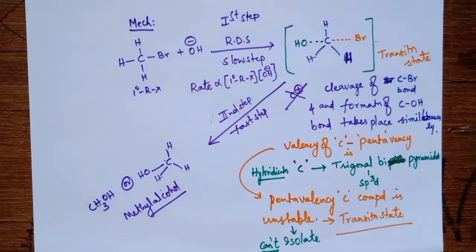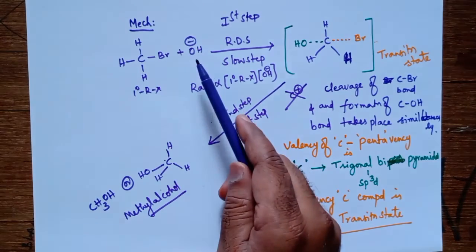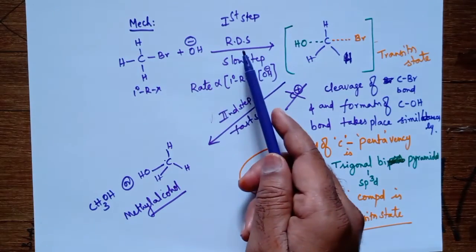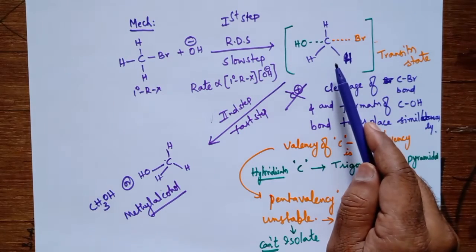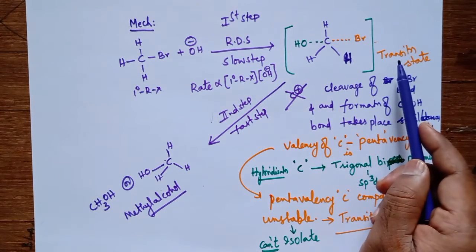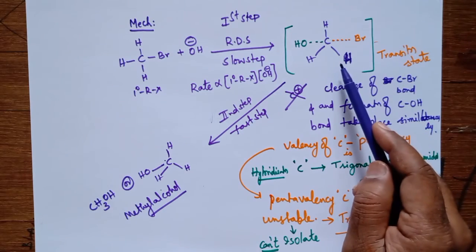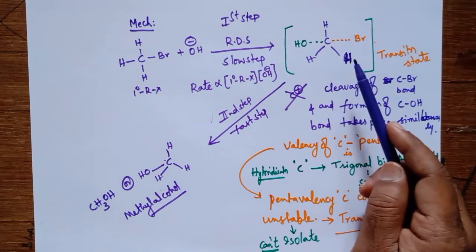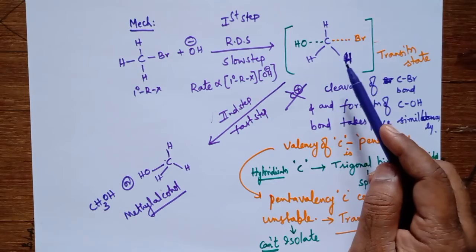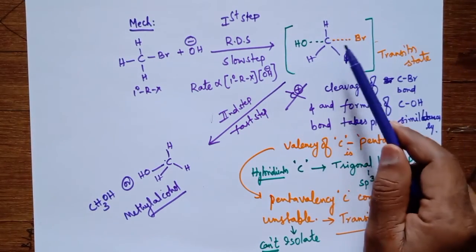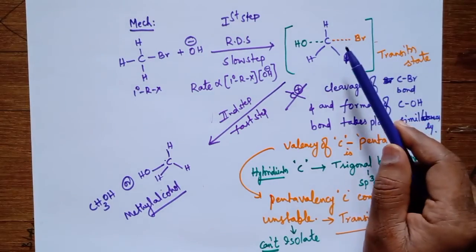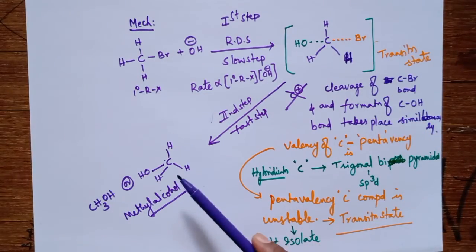What have you taken? Methyl bromide. The OH minus attack is the rate determining step. It forms the unstable pentavalent carbon. This state you call the transition state. The transition state is very unstable because carbon is having pentavalency, against its original nature. That's why it readily loses Br minus and forms methyl alcohol.